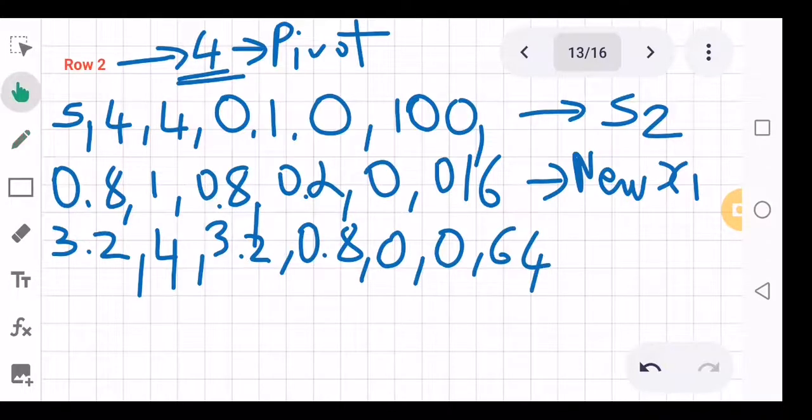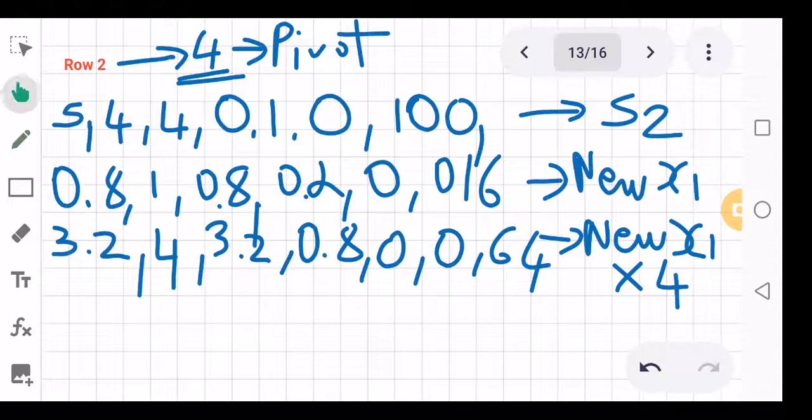How did I get these figures? I multiplied the new x1 row by 4, which is the element of row 2 that is part of the pivot column.